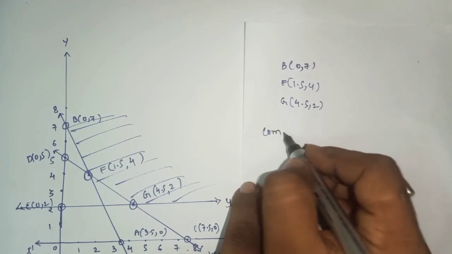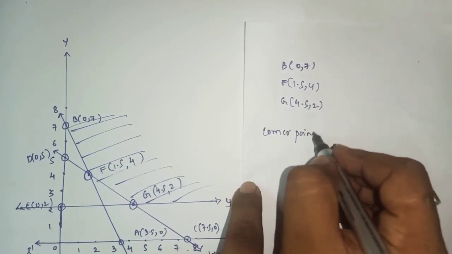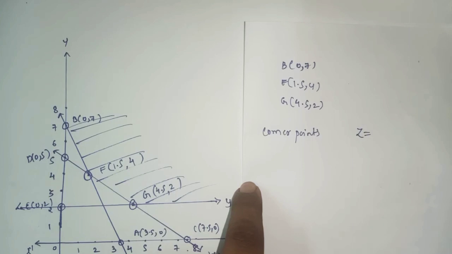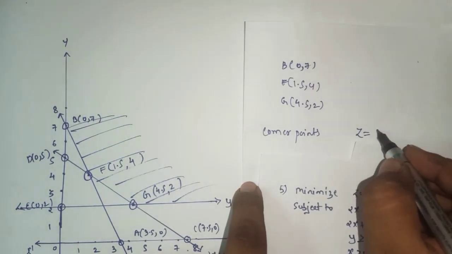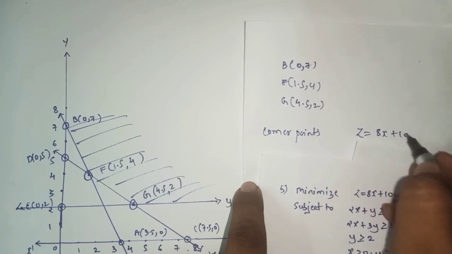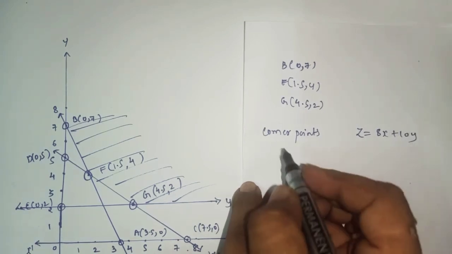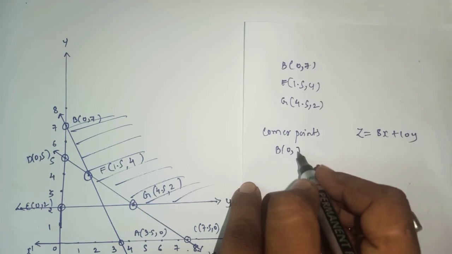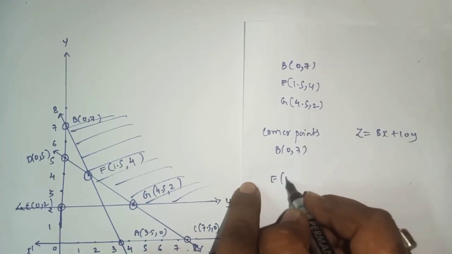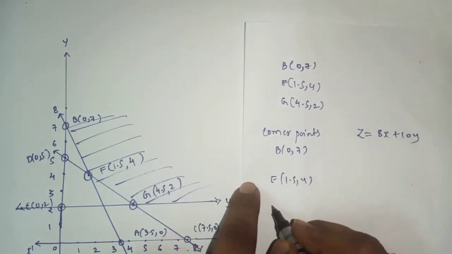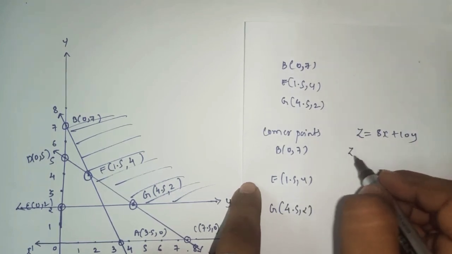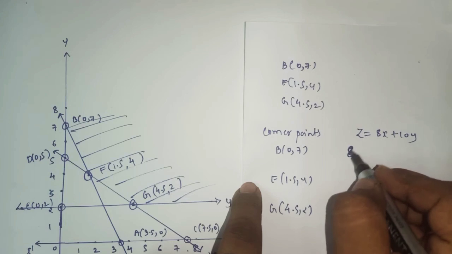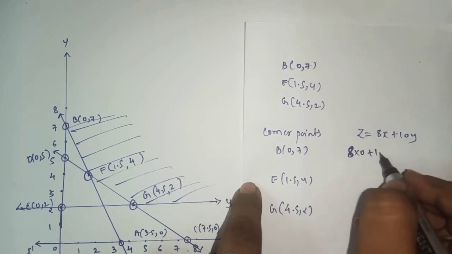So here we'll write corner points, and z equals 8x plus 10y. So the first point is 0 comma 7, the second one is 1.5 comma 4, and the third one is 4.5 comma 2. So we'll replace the value of x by 0 and y by 7.